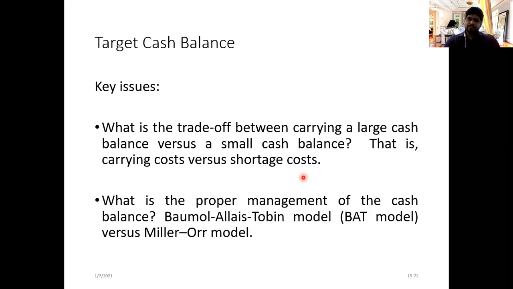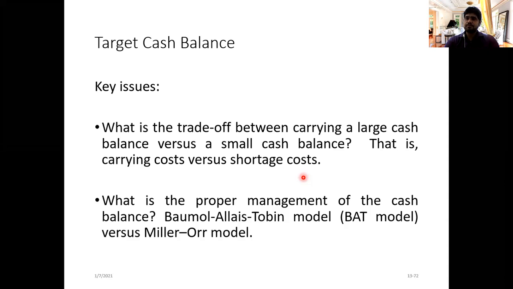No, the ultimate objective of business people is to maximize their wealth, isn't it? Say for example, they need 50,000 to run their business, but they are keeping 500,000. So they are keeping 450,000 as additional money. If they put their money into the bank, they can get what? Interest.